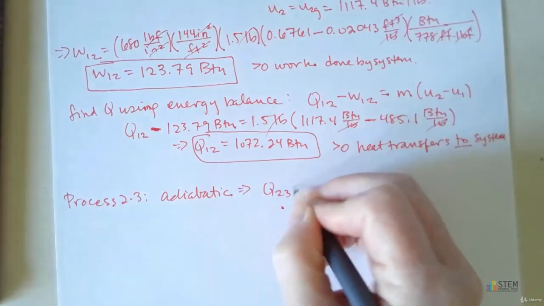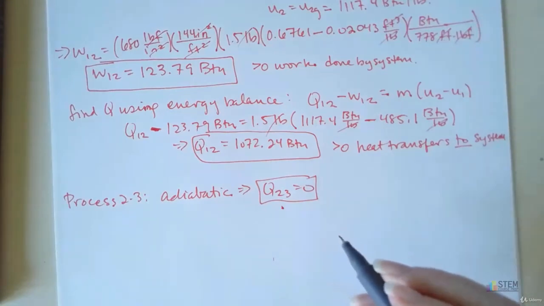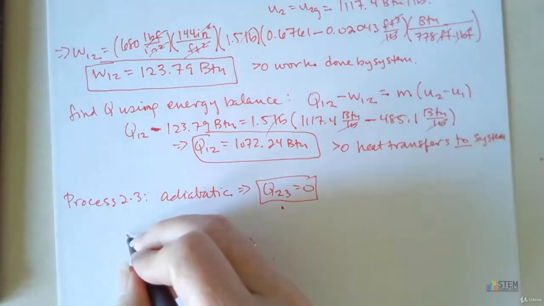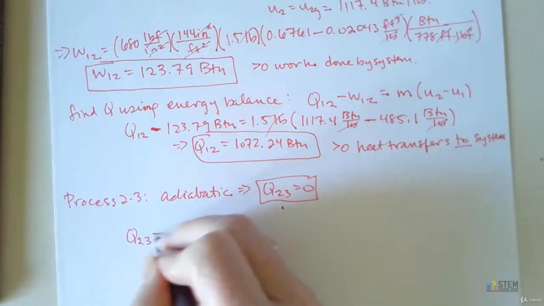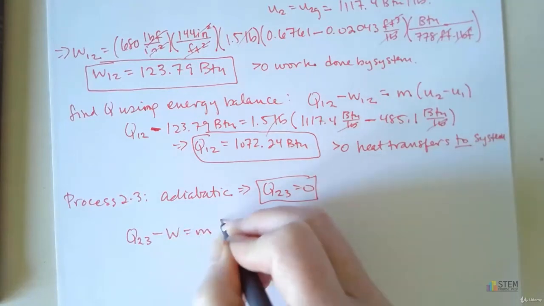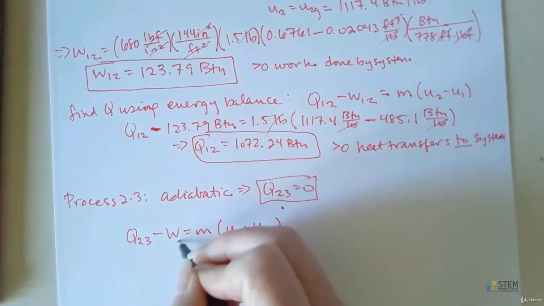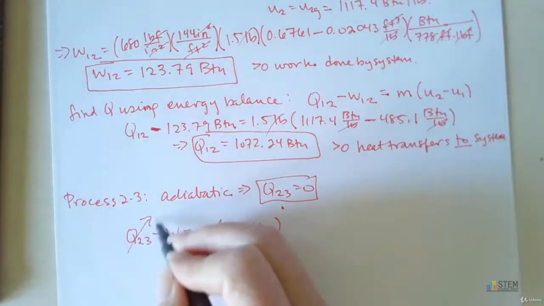So Q23 is equal to 0. Perfect. Now we just have to find work. Let's go ahead and do our energy balance equation here. And that'll be Q minus W equals the mass times U3 minus U2. Now, we already said Q was 0, so get rid of that.